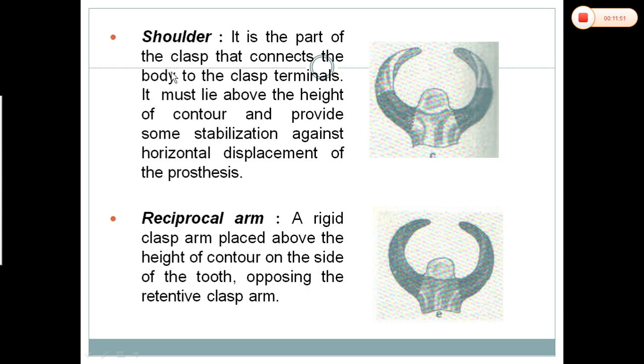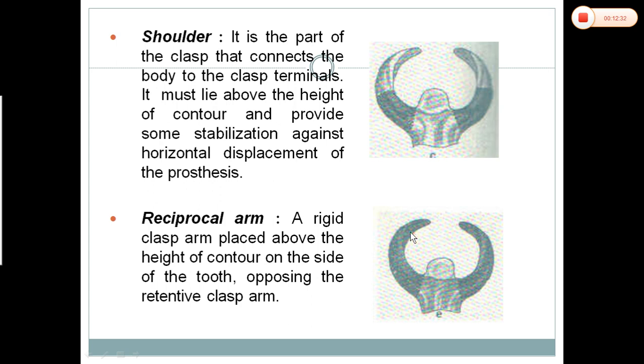The shoulder is the part of the clasp that connects the body of the clasp to the clasp terminals. The shoulder is positioned above the height of contour and provides stabilization against horizontal displacement of the prosthesis. Shoulder provides stabilization.